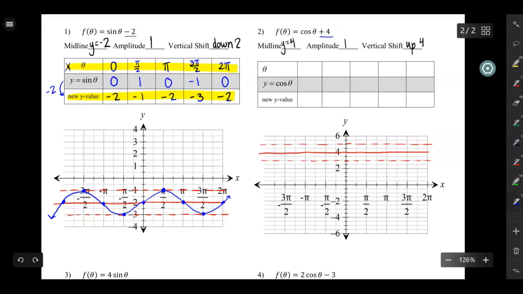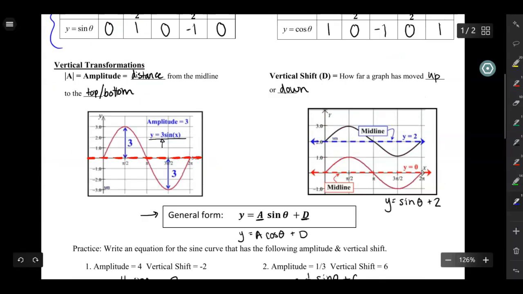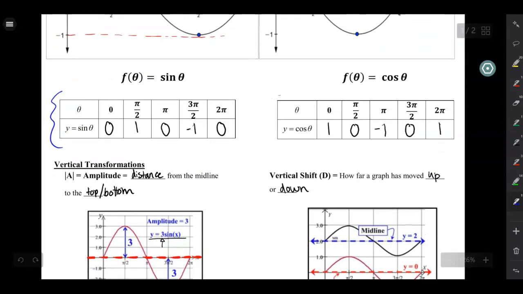I shouldn't get. As I create the parent table, I'm always going to start with the same theta values. So I'll fill those in. And then I'm going to fill in the y values of the parent function of cosine. So again, if you've forgotten those, you can come back up to this parent table that we filled in at the very beginning.